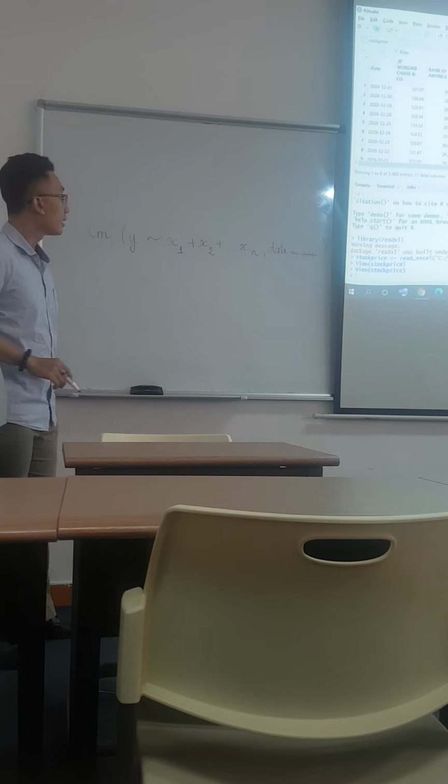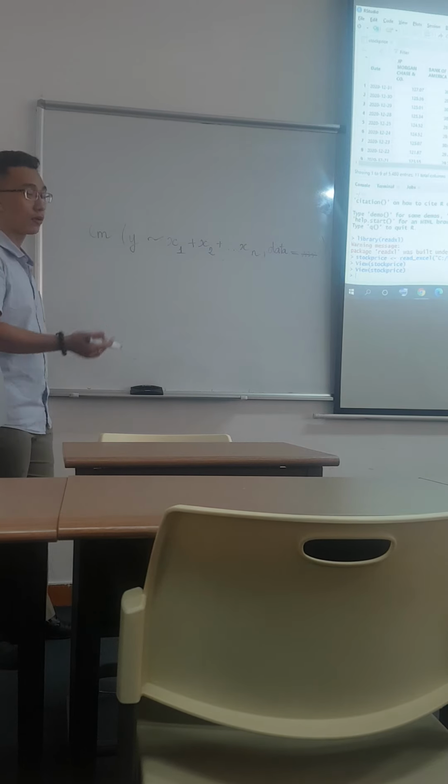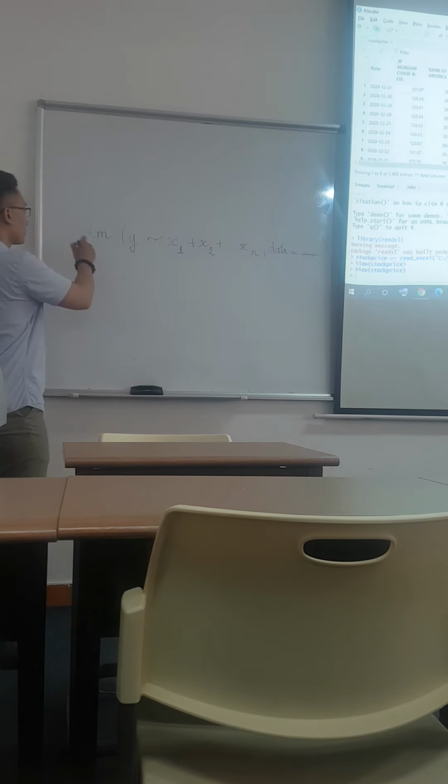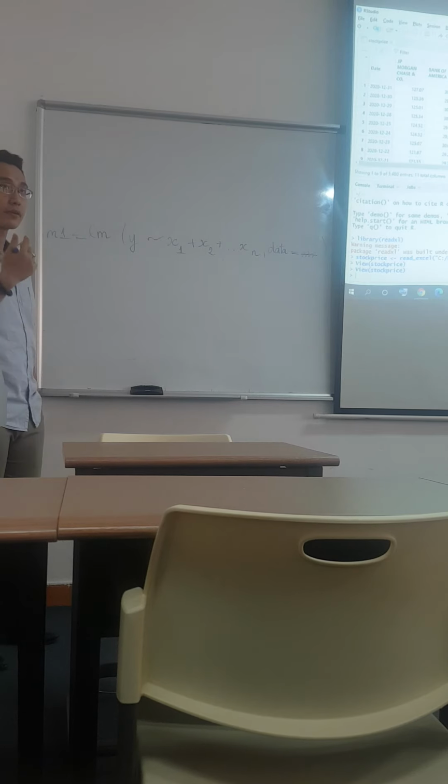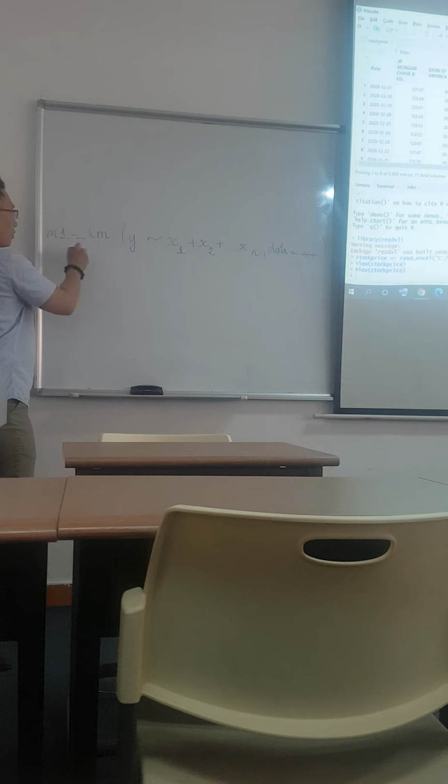Right? So in order to store your regression result, you need to use something like regression 1 or model 1 equal to this code. So your regression result will be stored in this variable named M1.